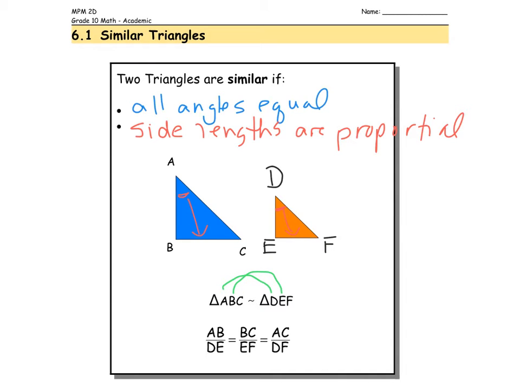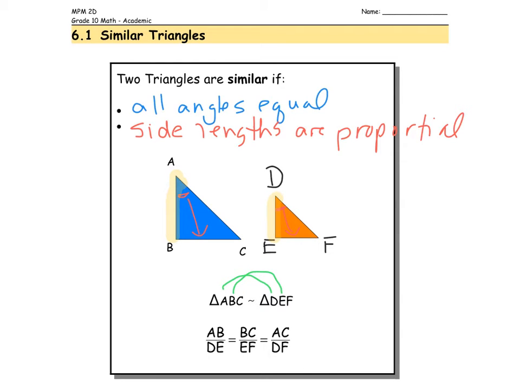We can see that if we look at this proportionality statement here. What it is telling us is that AB is proportional to DE. Let's look. AB, I'm going to write that in and highlight it. AB should be proportional to DE.